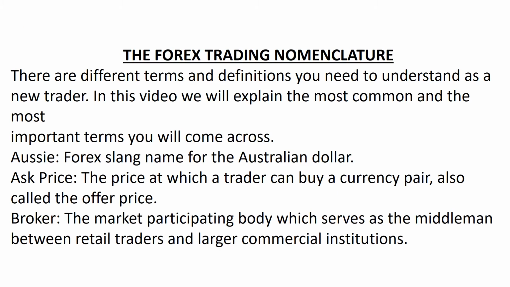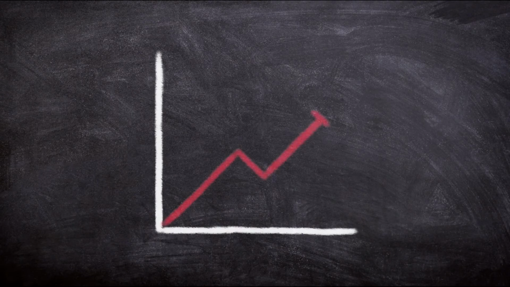In forex trading nomenclature, there are different terms and definitions you need to understand as a new trader. In this video we will explain the most common and the most important terms you will come across. Aussies, forex slang name for the Australian dollar.